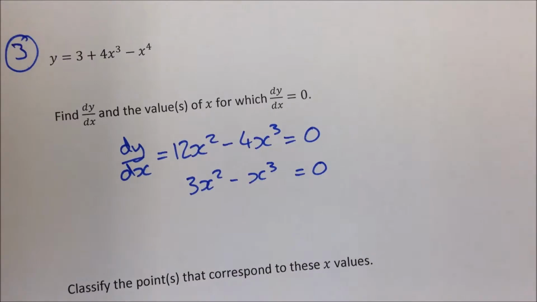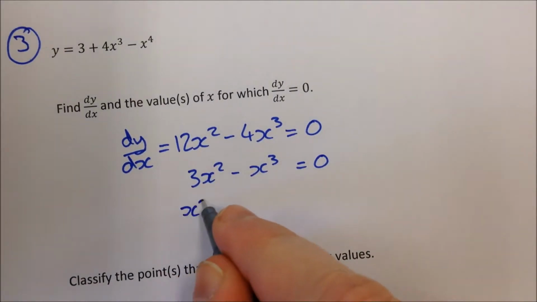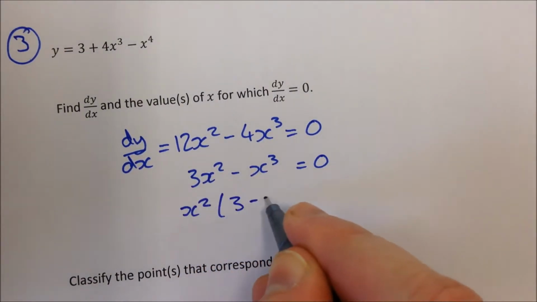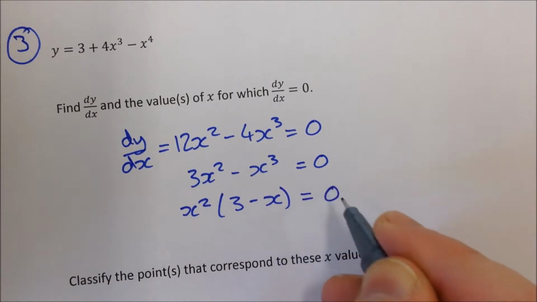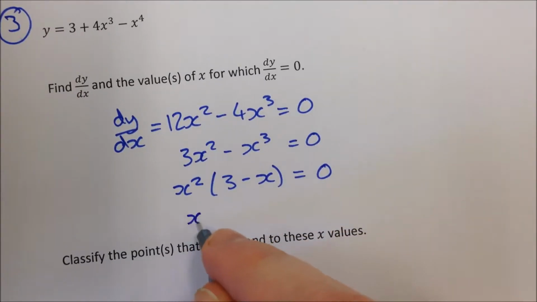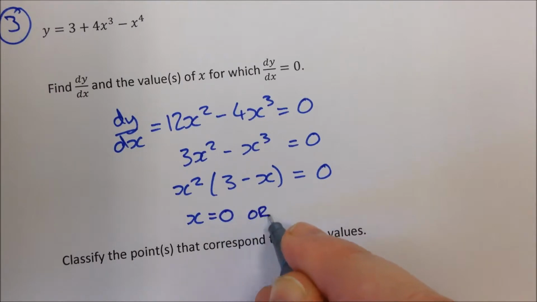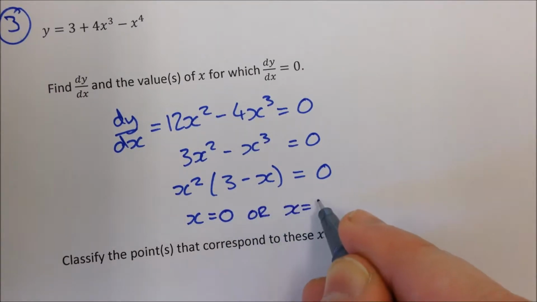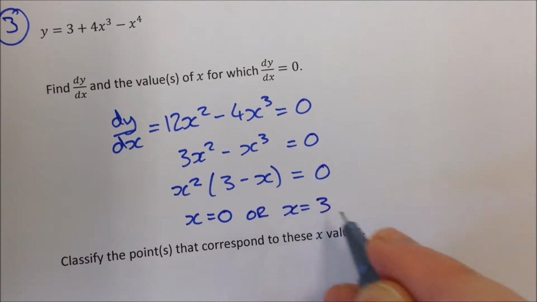Factorise. So that's x squared, 3 take away x equals 0. So my 2 solutions are either x equals 0 or x equals 3.